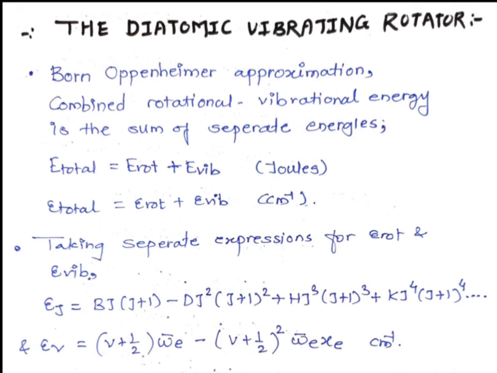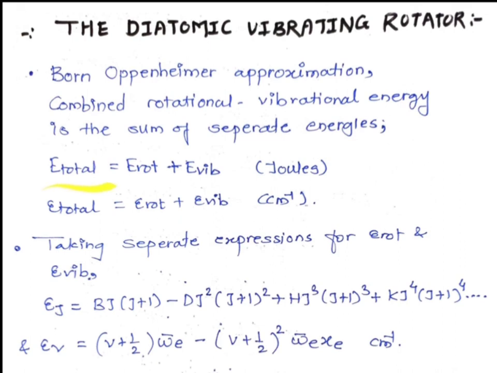As we know, according to Born-Oppenheimer approximation, the total energy is the sum of all kinds of motions' energy: the energy of the electronic motion, the energy of the vibrational motion, the energy of the rotational motion, and the energy of the translational motion. So for the vibrating rotator, we will consider only the vibrational energy and the rotational energy.